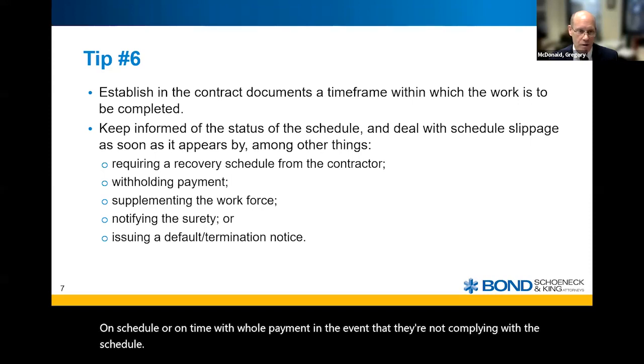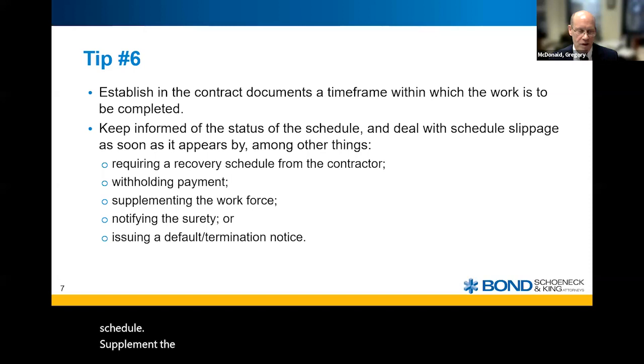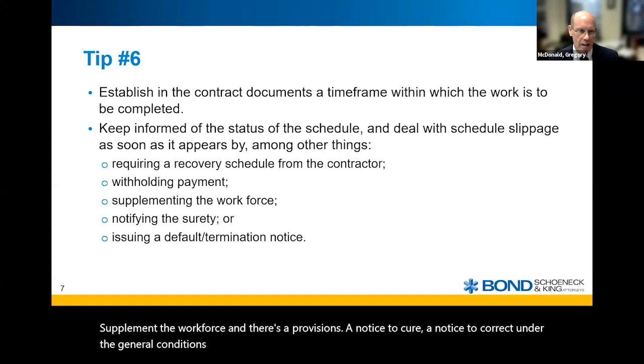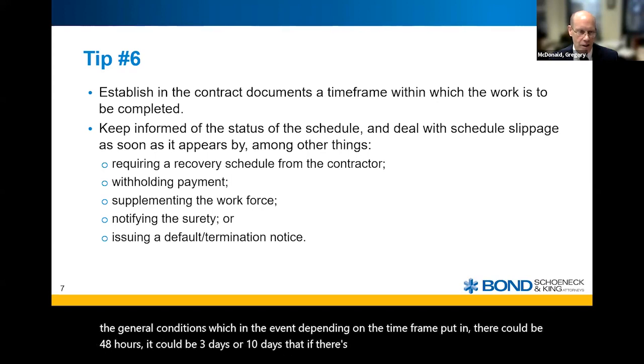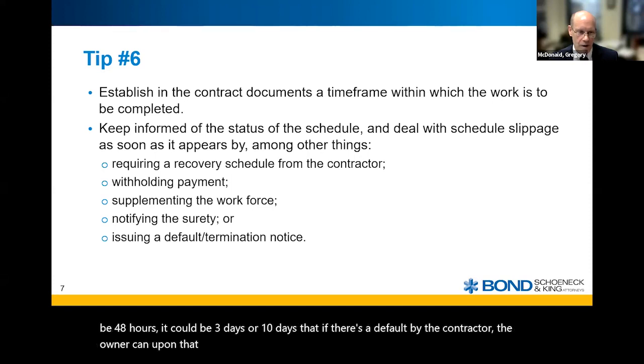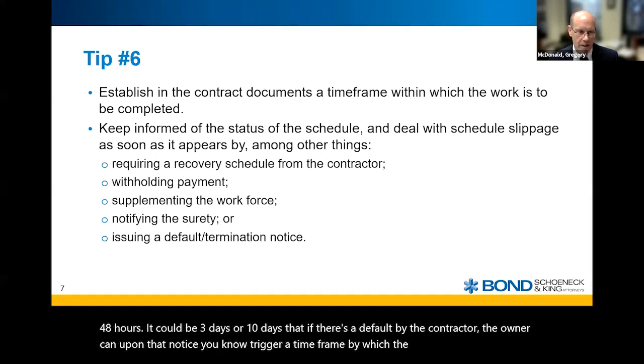Supplement the workforce. And there's a provision, a notice to cure or notice to correct under the general conditions, which, depending on the time frame put in there, could be 48 hours, 3 days or 10 days. If there's a default by the contractor, the owner can, upon that notice, trigger a time frame by which the contractor has to remedy that default.